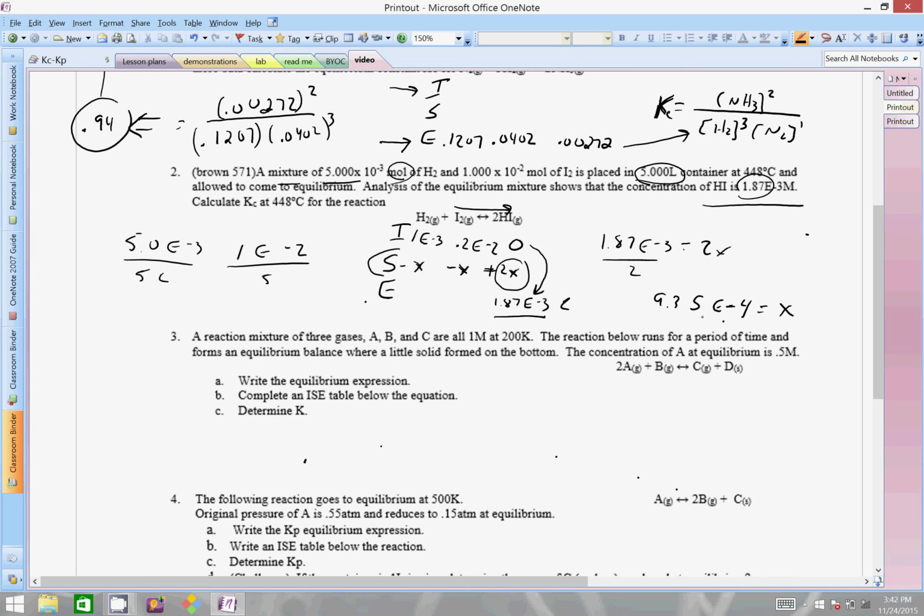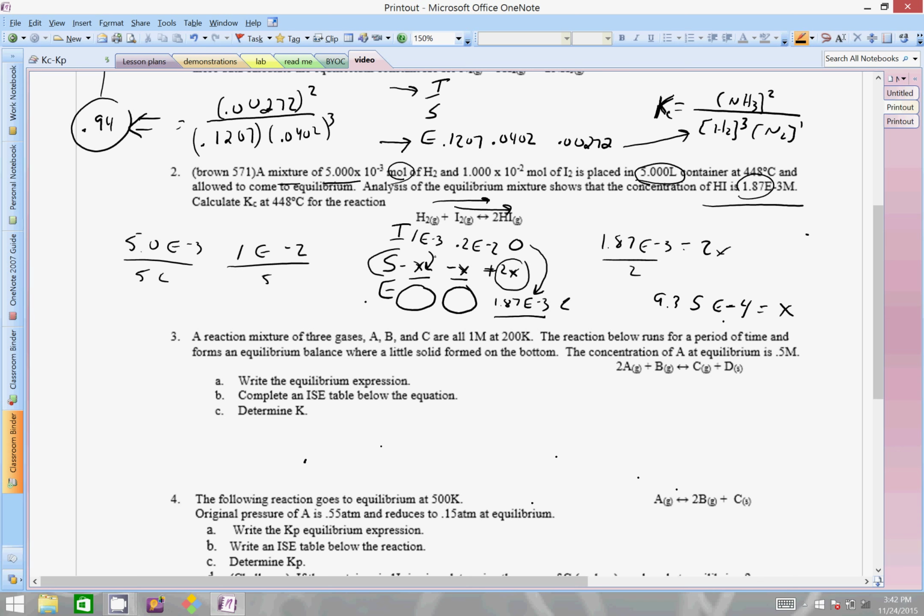I can then plug this value into these guys, and you would take this guy and subtract this guy off. That's what you lost as it shifted to the right, and I have this value left, and I have this value left.